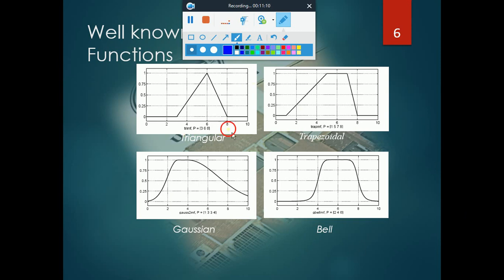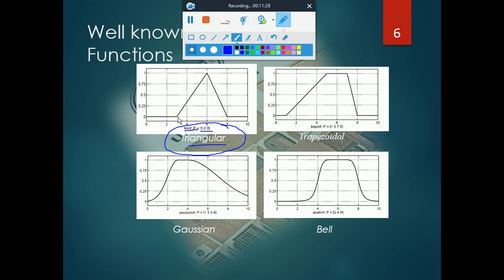Here we will explain one of the membership functions, that is the triangular function. It is called the trim function, and the parameters for this trim function are 3 values: 3, 6, 8.